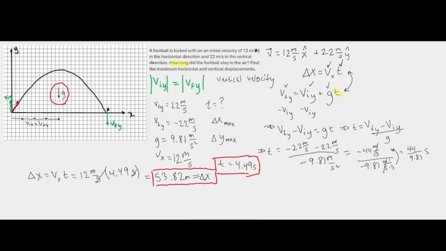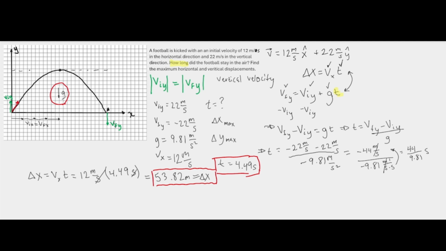It's getting higher and then it's getting lower. So over here the position is decreasing. If you just look at the graph, you should be able to figure out that this is the maximum height. This is going to be the maximum vertical displacement.